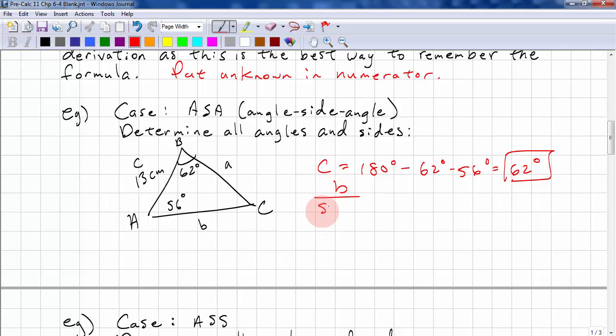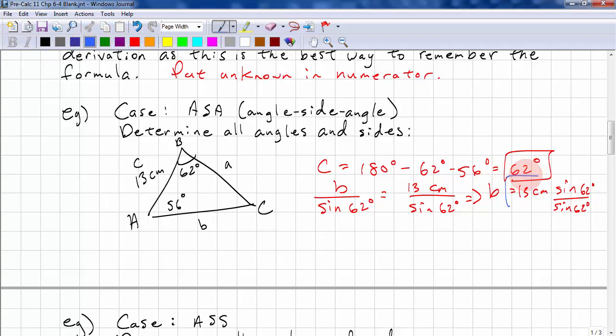b over sine 62 degrees equals, we know side c, so that's 13 centimeters over sine 62 degrees. And we get b equals 13 centimeters times sine 62 over sine 62.